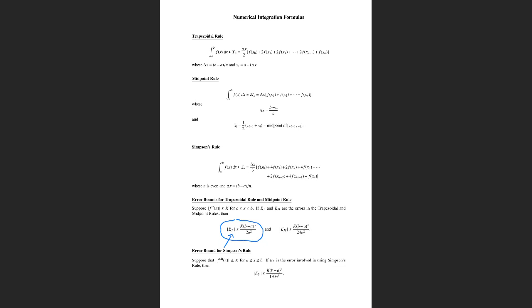this right-hand side. It says big K times (b minus a) cubed over 12n squared. So a and b are your lower and upper limits of the integral, and the K value is determined using this criteria. What you do is you take the second derivative of the function.